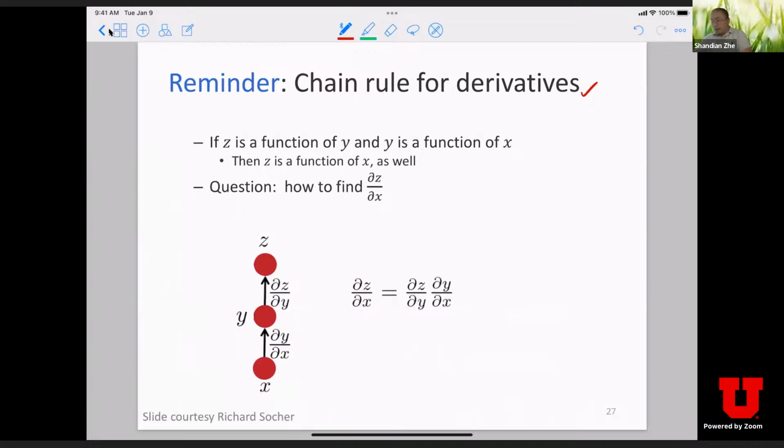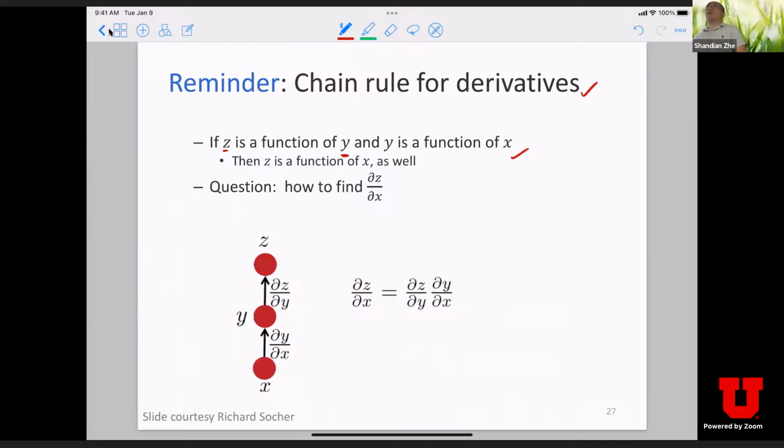But here, we're gonna use some graphical illustration of the chain rule because that will be very helpful and important for us to understand how backpropagation works, okay? So basically, chain rule is a rule to compute gradients or derivatives for composite functions, right? Let us consider a case where z is a function of y, and y is a function of x.